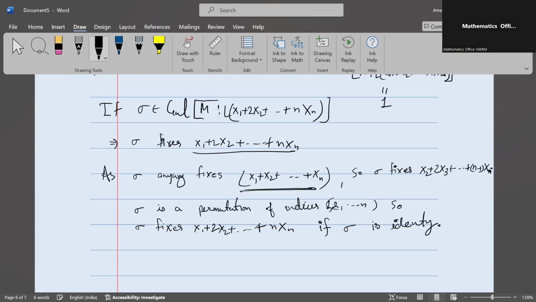Otherwise, if x1 and x2 are, let's say, replaced with each other, they will not be the same. 2x1 plus x2 is not the same as x1 plus 2x2. So it is not the case. Sigma should be identity, which implies that this is trivial.